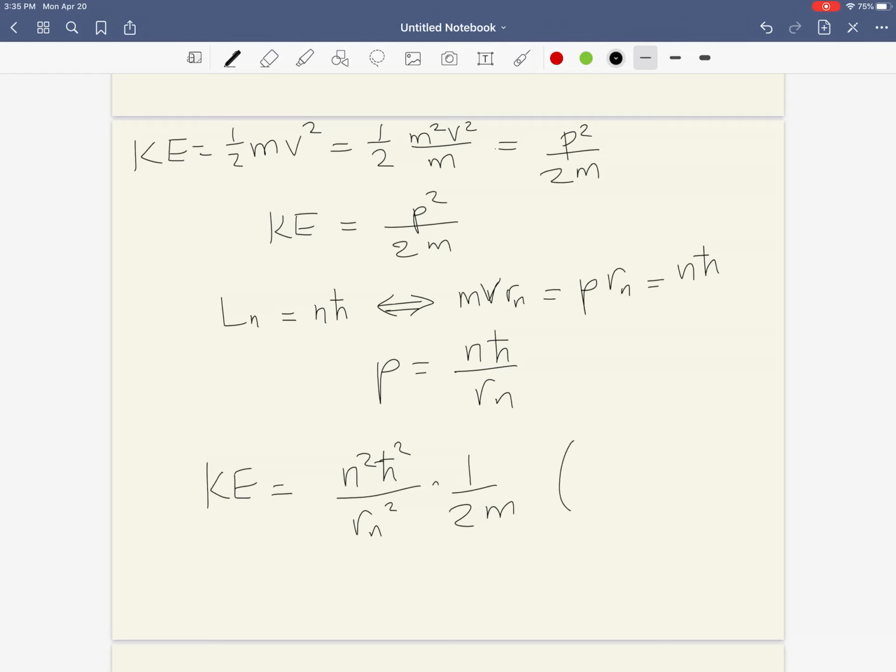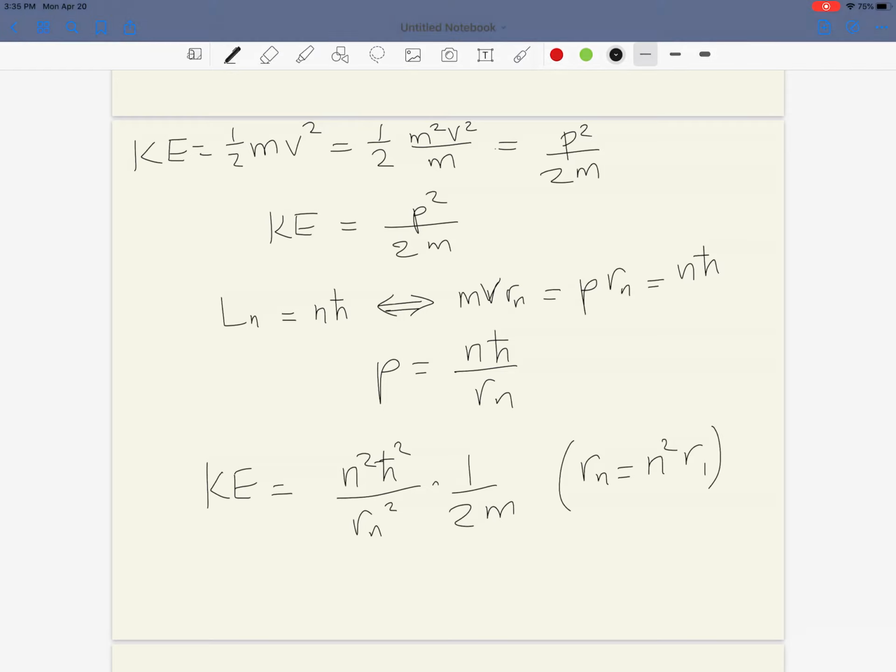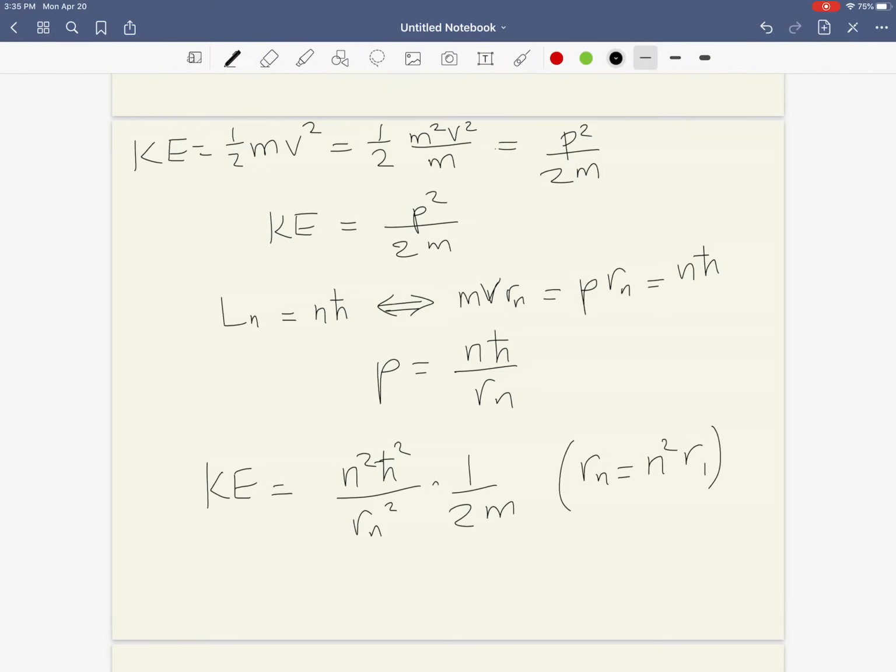Then we also use the fact that R n itself is n squared R1. Remember this. So this then becomes, the kinetic energy of the electron is then 1 over 2m n squared h bar squared divided by n to the 4th R1 squared.